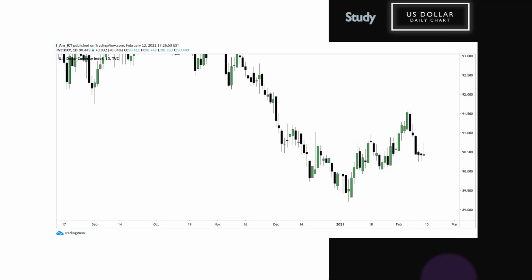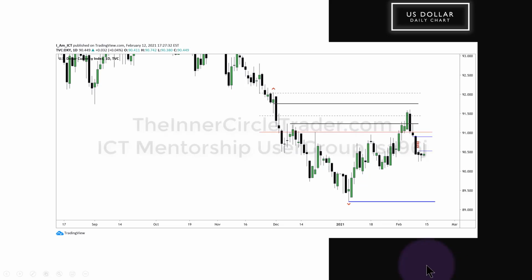All right, the dollar daily chart. We have this level here, which is the equivalent to the 79% retracement level and 62% retracement level.